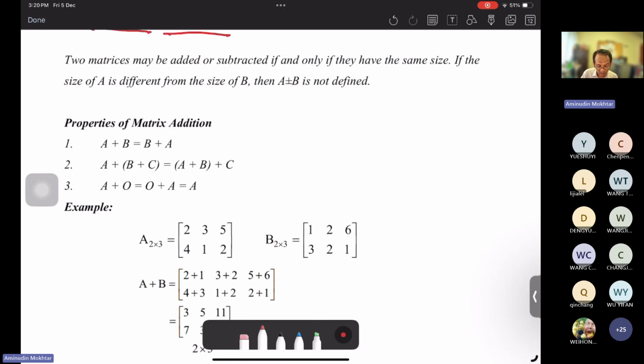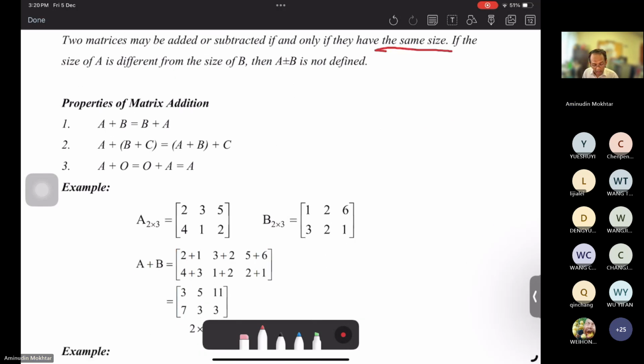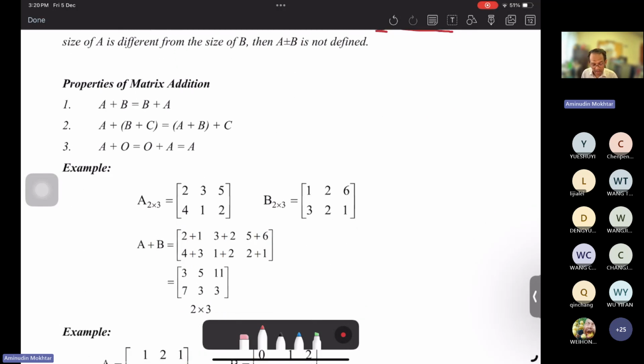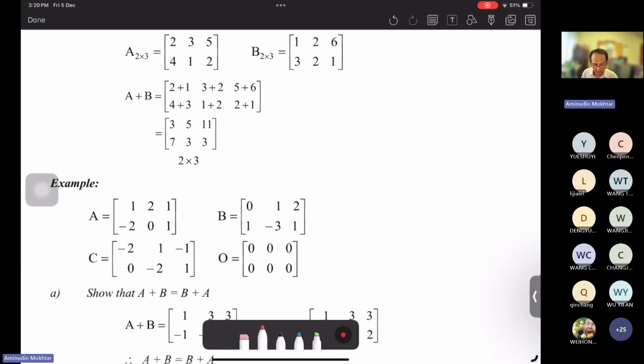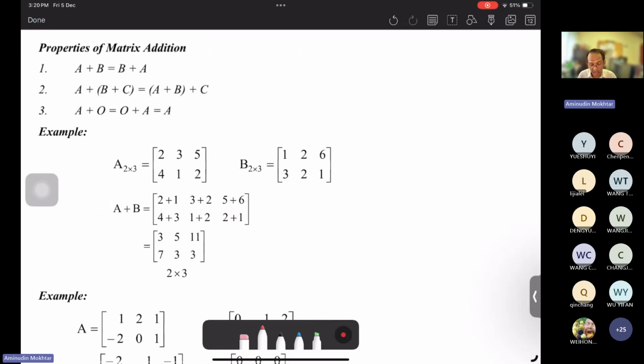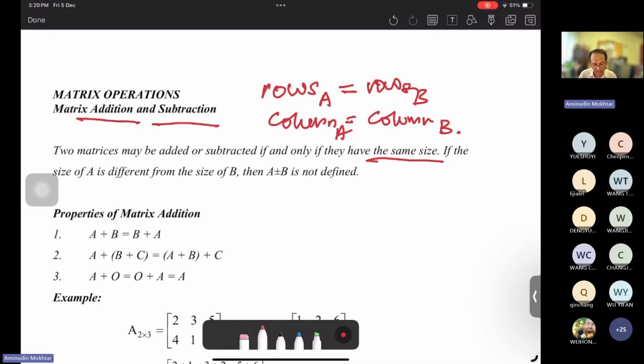Okay, for example, let's say we have this matrix. Matrix A 2 times 3, matrix B 2 times 3. So in other words, we can perform the mathematical operations such as addition and subtraction.